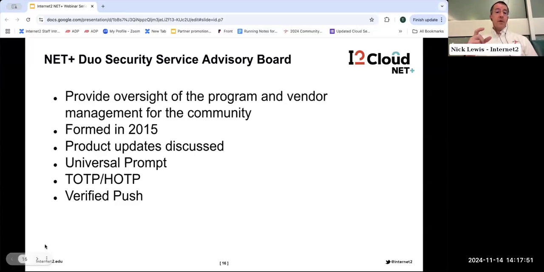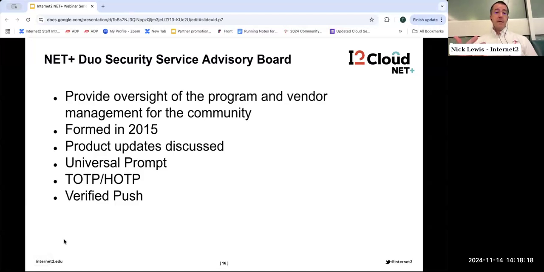Duo engaged with the community deeply on that, before they started rolling it out, as they were developing and designing it. We engaged with their product managers to make sure that it would be reasonable for campuses to use, and that the deployment timelines were as reasonable for campuses to deploy as possible.